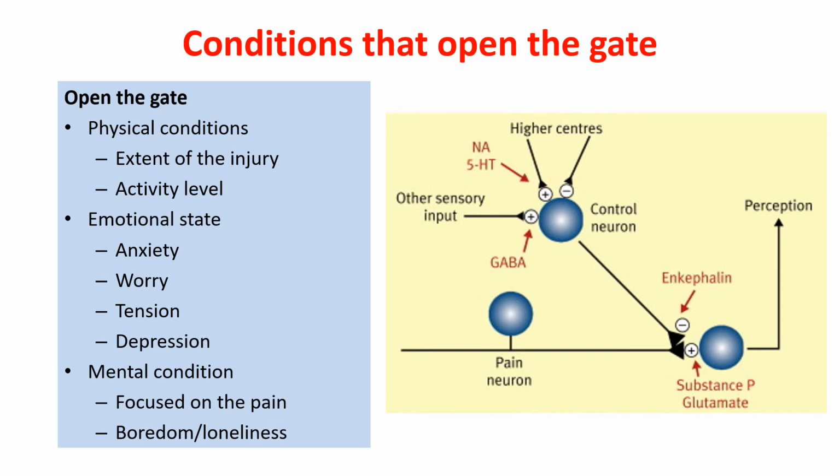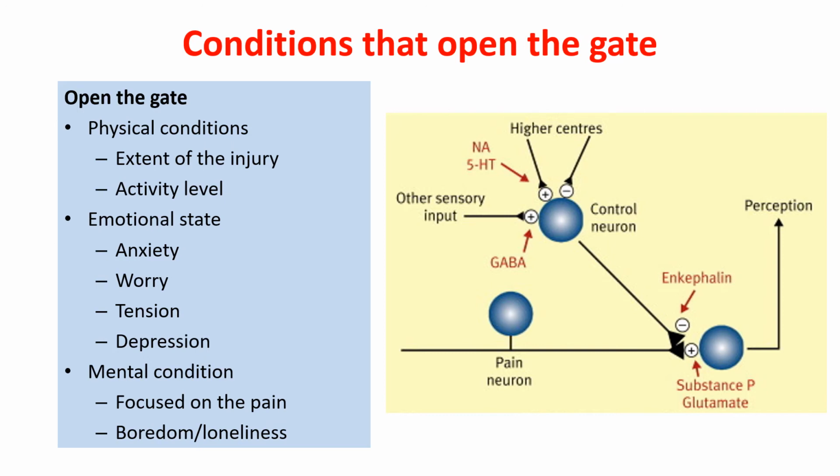The emotional states such as anxiety, worry, tension, and depression all open the gate, so that it's coming through the higher centers. Those higher centers will inhibit the substantia gelatinosa cells so that they get kept open.